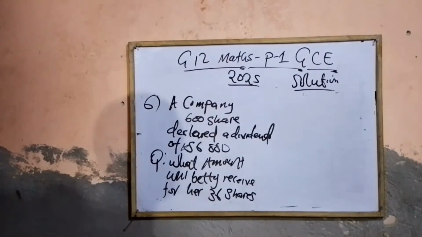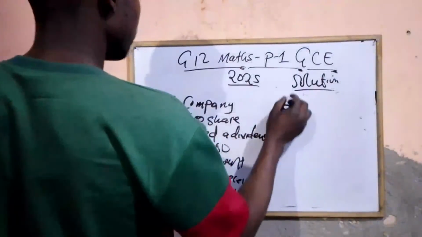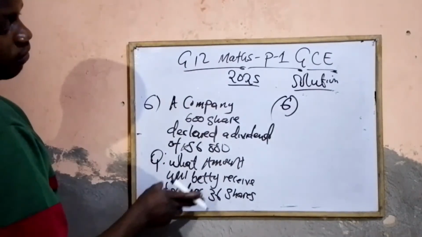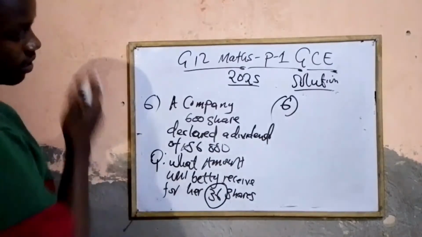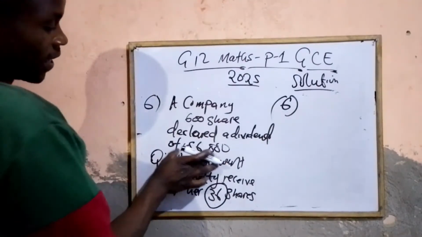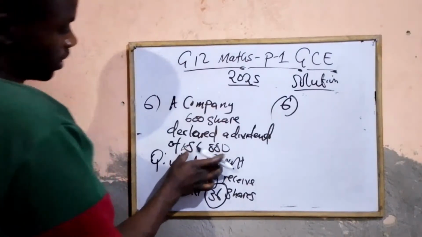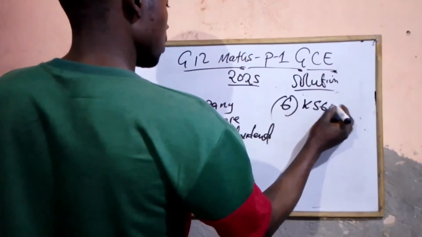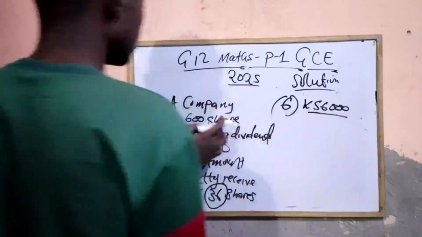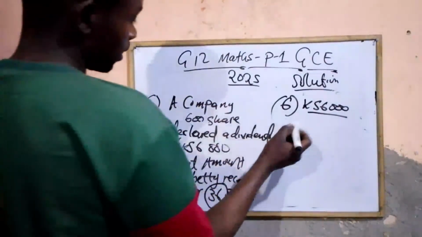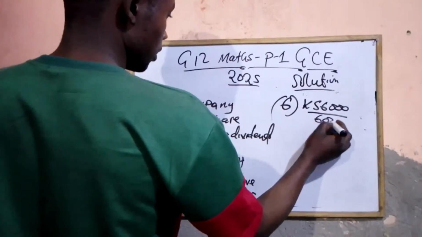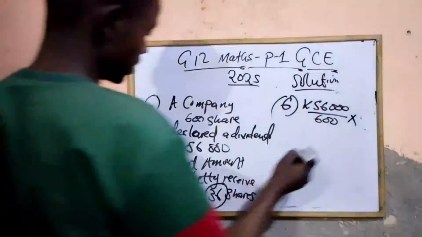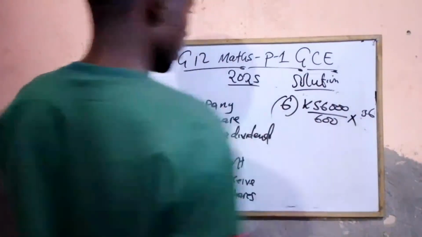So what you have to do, this is question 6. We are told to find what amount Bet will have when she has the 36 shares. So what you do, this dividend which this company has declared, which is 56,000, you divide it by the actual number of shares which this company has, which is 600. Okay, then you multiply by the shares which Bet has, which is 36.